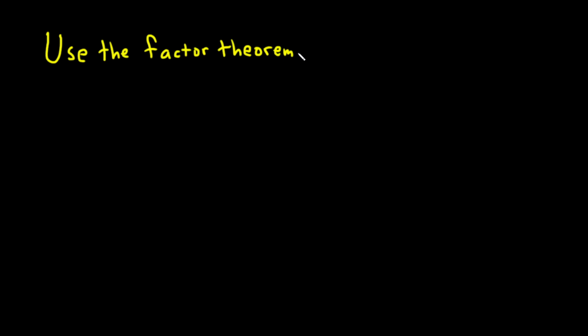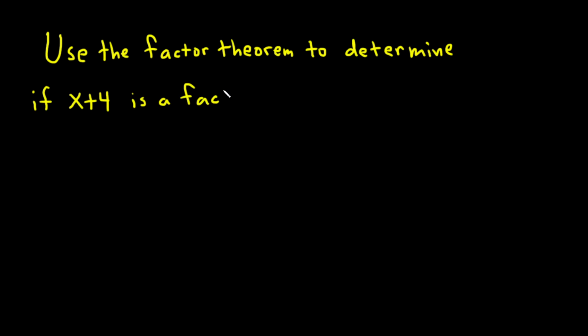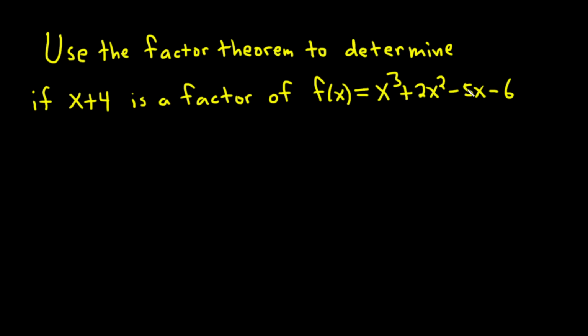So we want to use the factor theorem to determine if x plus 4 is a factor of, and we have our function here, f of x equals, this is a polynomial, it's a cubic, x cubed plus 2x squared minus 5x minus 6.